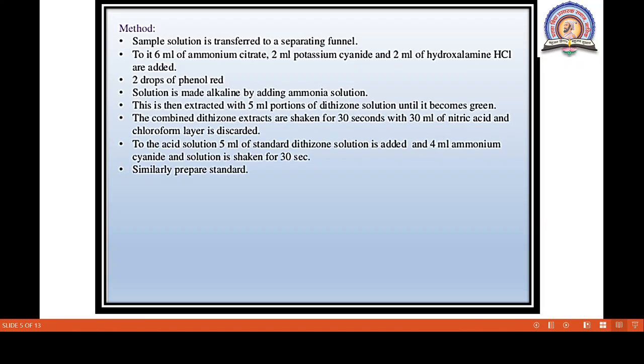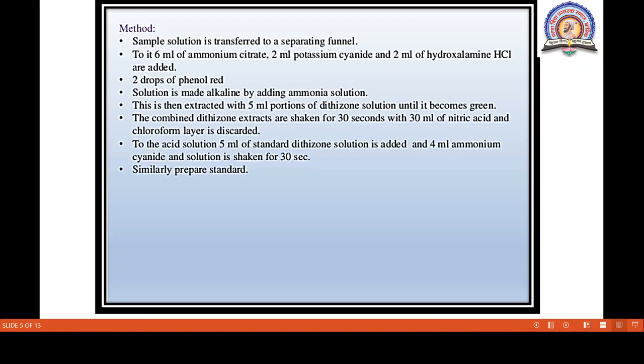The combined dithizone extracts are shaken for 30 seconds with 30 ml of nitric acid, and the chloroform layer is discarded. To the acid solution, 5 ml of standard dithizone solution is added along with 4 ml of ammonium cyanide, and the solution is shaken for 30 seconds.